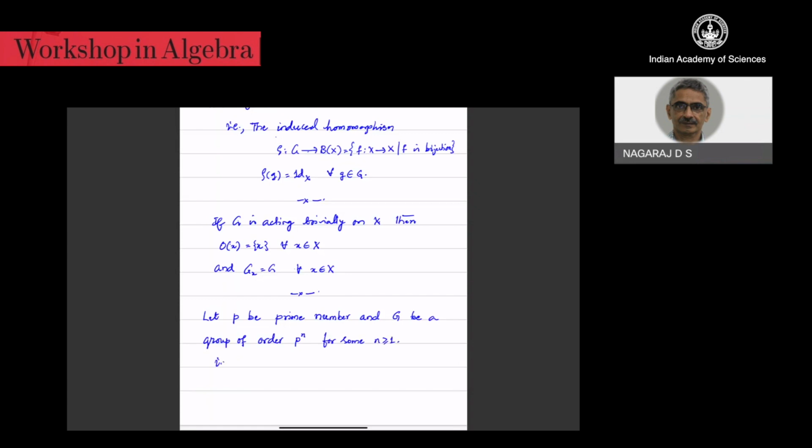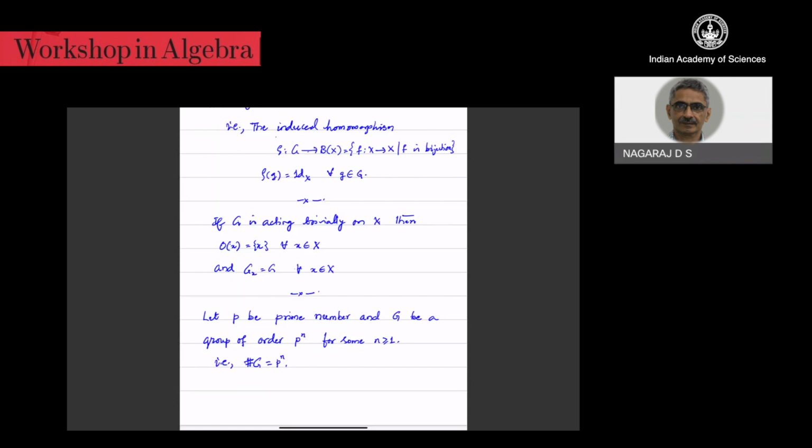That is, the cardinality of G is p^n. That's what we are mentioning. Once the group has cardinality some prime power, we want to derive some non-trivial results about the group G using the group action.